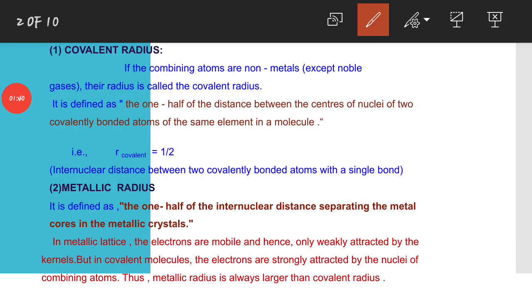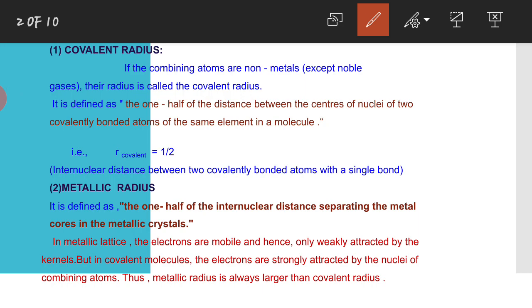Now first, covalent radius. If the combining atoms are non-metals except noble gases, their radius is called the covalent radius.